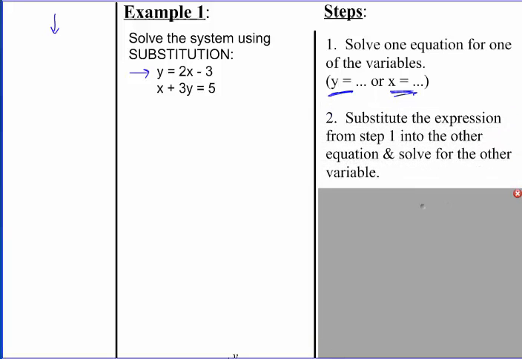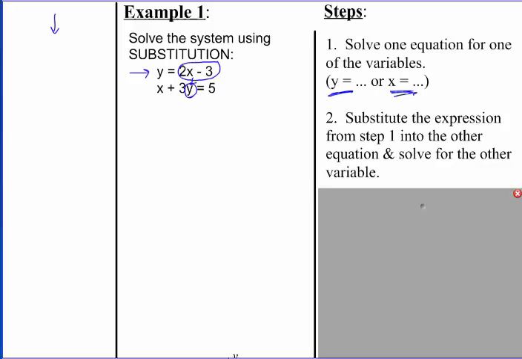The next step is to actually substitute. You substitute the expression from step 1 into the other equation, and then you solve for the other variable. That means you take this expression, because that's what's equal to y, and plug it into the other equation for the y variable.